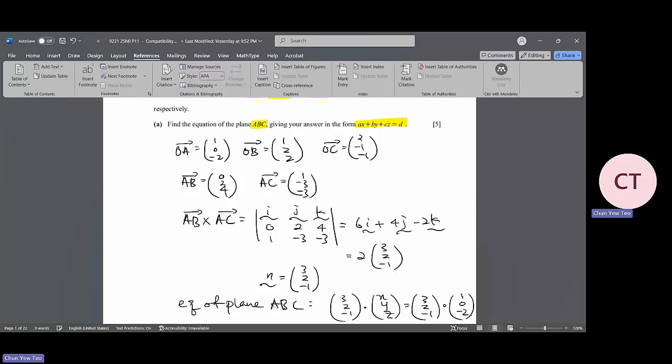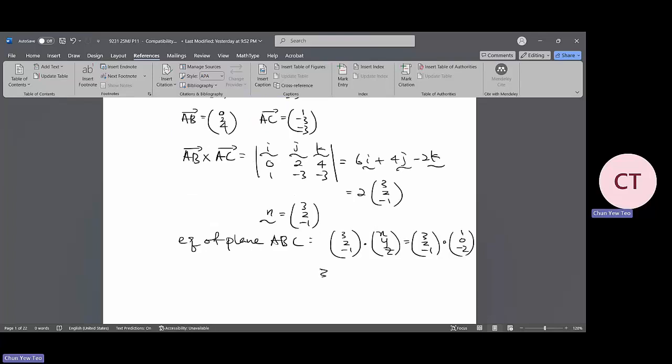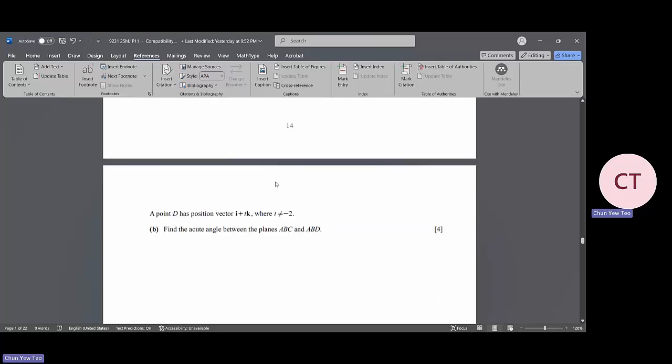I choose OA. Then I have 3x plus 2y minus z equal to 3 plus 0 plus 2. Then I get 3x plus 2y minus z is equal to 5. Done. This will be the answer for question number 6A. Move on. B.